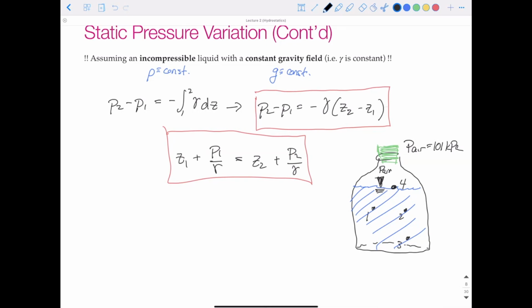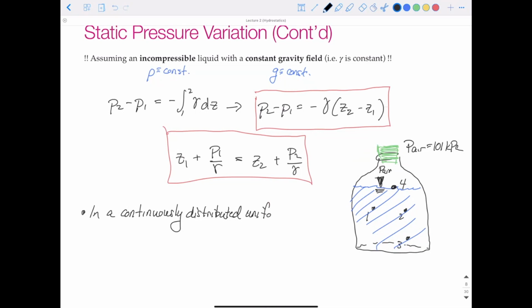So we can say, just in summary, in a continuously distributed fluid, so that means there's no breaks in the fluid, there's no barriers stopping it, and it's all the same fluid.